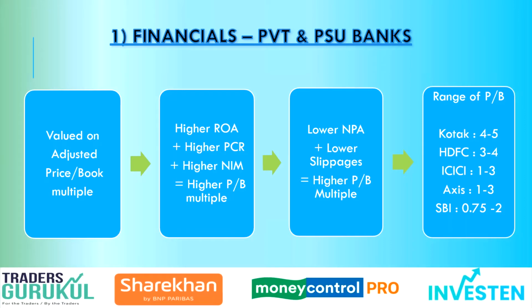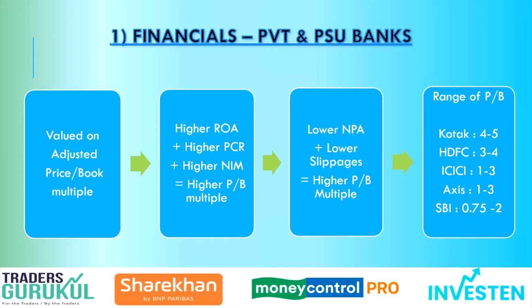Similarly, if a bank has lower non-performing assets and lower slippages, it will get a higher multiple and vice versa. These data like ROA, provisioning coverage ratio, net interest margins can always be found out using either the bank website or a research report or the investor presentation which banks usually give at the end of a quarter.